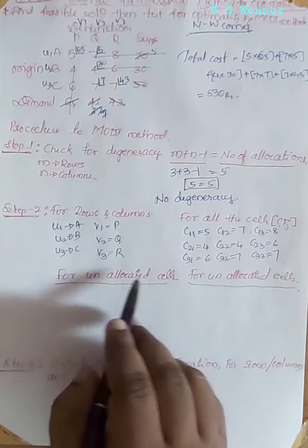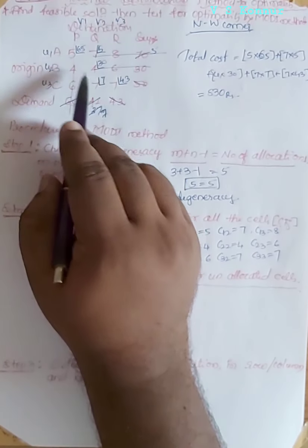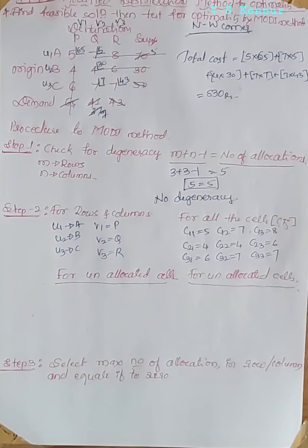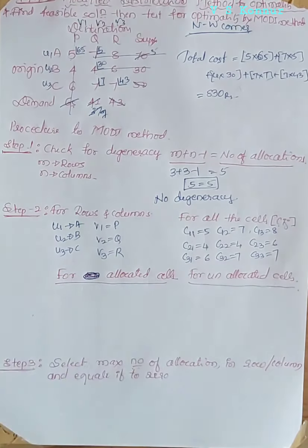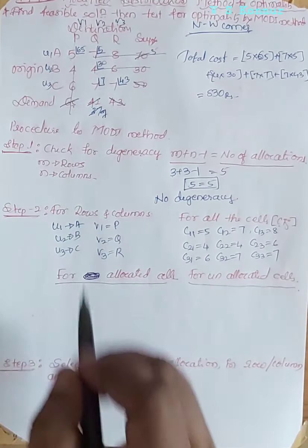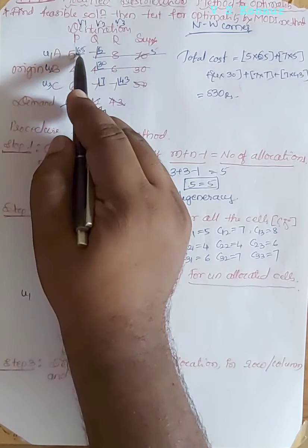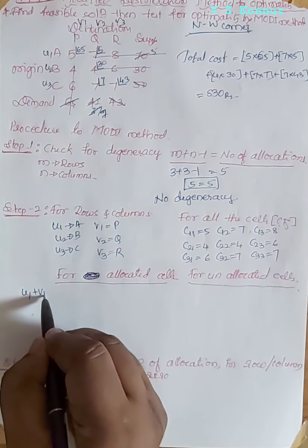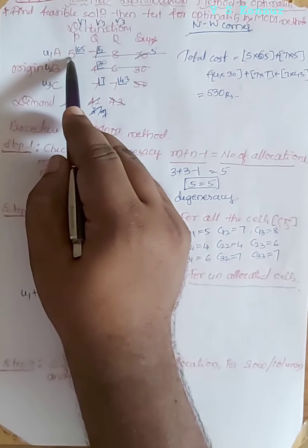Now we'll take the allocated and unallocated cells. For the allocated cells, I will write U1 plus V1 is equal to 5.